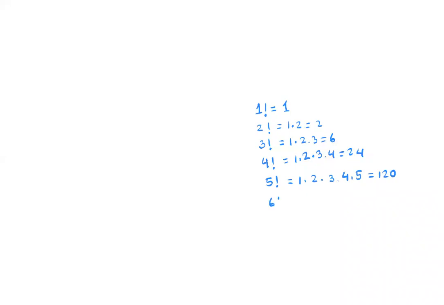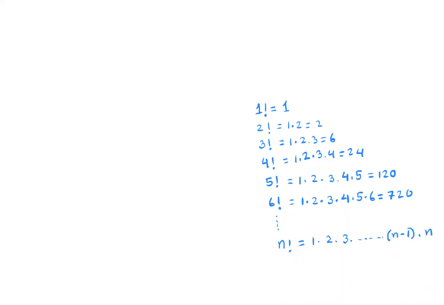6 with an exclamation sign is going to be 1 times 2 times 3 times 4 times 5 times 6, or 720. And in general, any positive integer n with a factorial is 1 times 2 times 3 times up to n minus 1 times n.